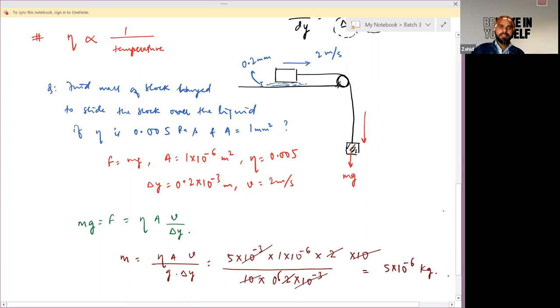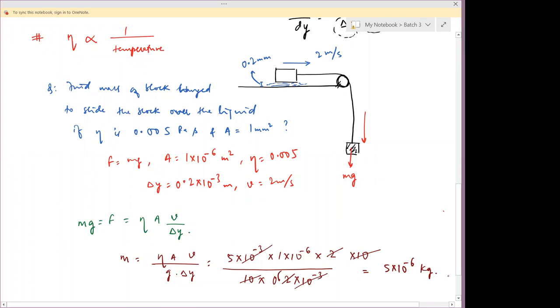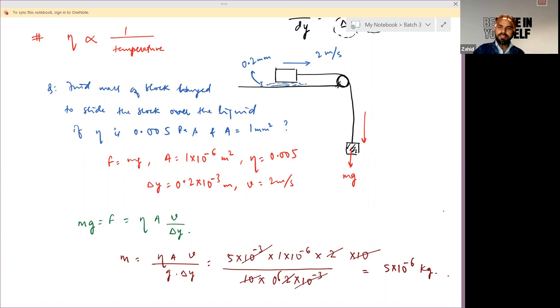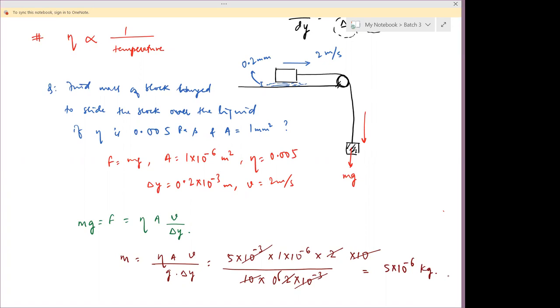Yusuf, any doubt? No, sir, clear. Atif, is it clear? Yes. Mohammad Irfan?